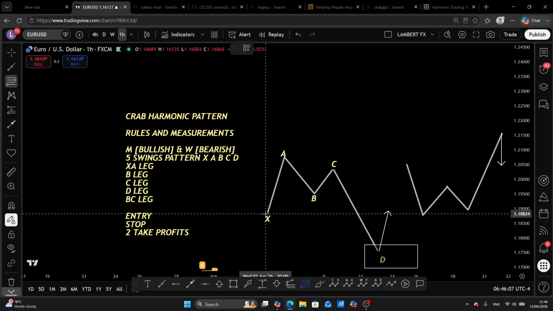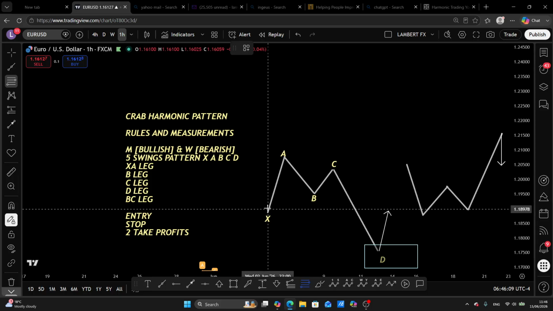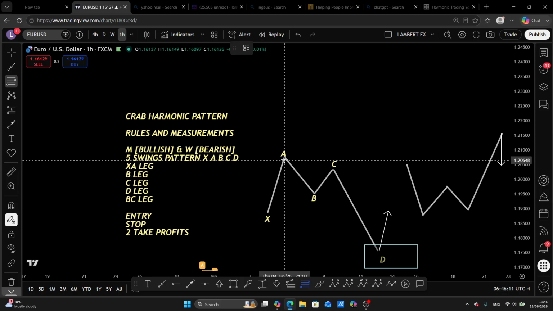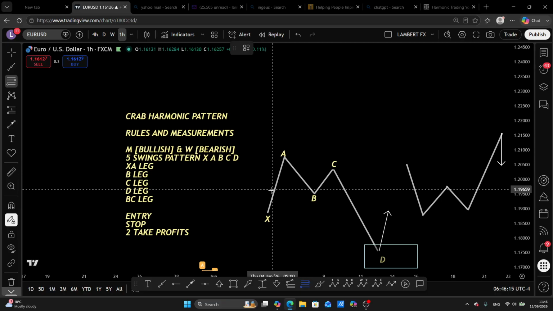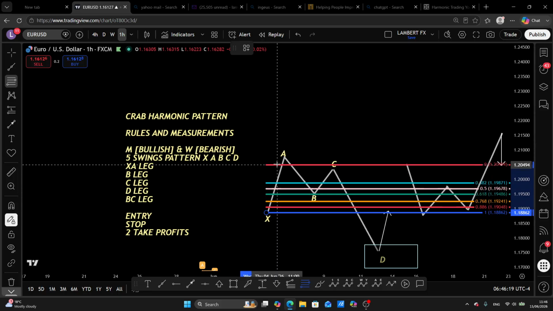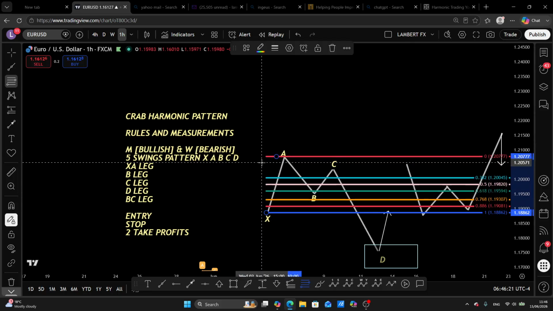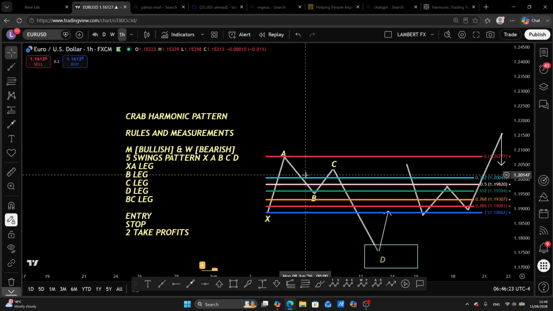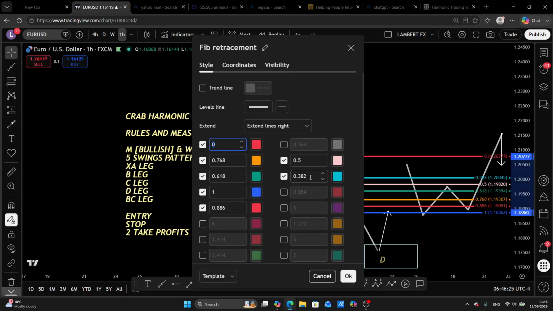I will take the Fib retracement and measure from the origin of the first impulsive leg, called the X to A leg. So this leg right here. I measure from X to A, and then if you double click on the Fib, you need 5 Fib numbers.